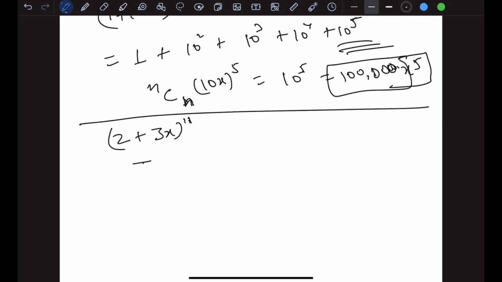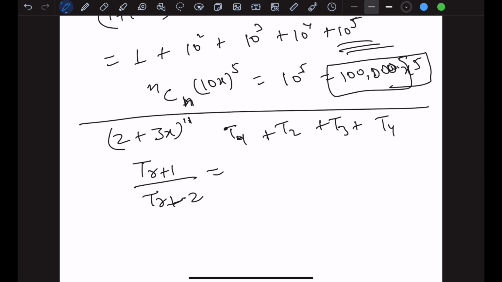Okay, so we don't know which term is greater. So I do T R plus 1 divided by T R plus 2. Like we have a binomial, when we expand it, we will get term 1, then term 2, then term 3, term 4, all the way to term 11.